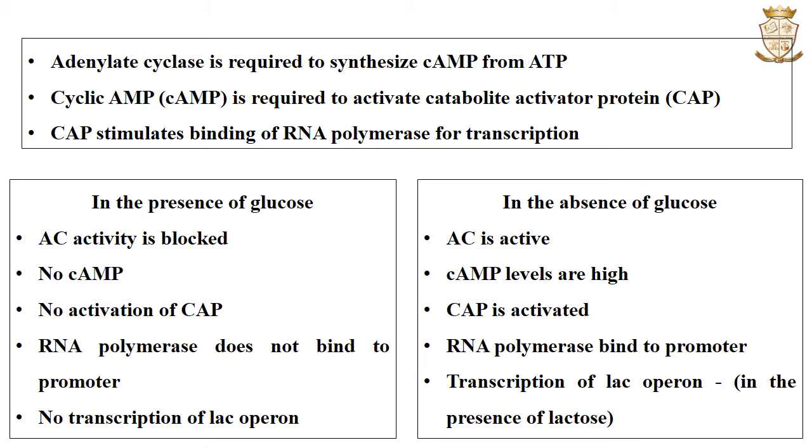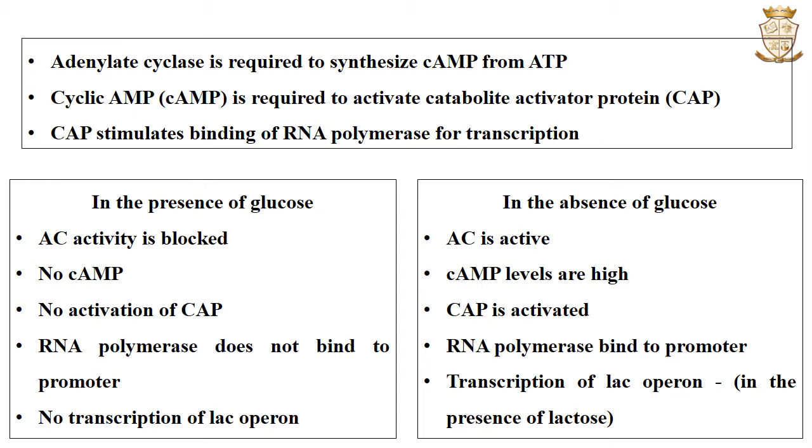So if both glucose and lactose are present, the bacteria prefers glucose, and let us look into the mechanisms by which such a selection or such a regulation of metabolism is possible. So in the presence of glucose, the activity of a particular enzyme, adenylate cyclase, is blocked.